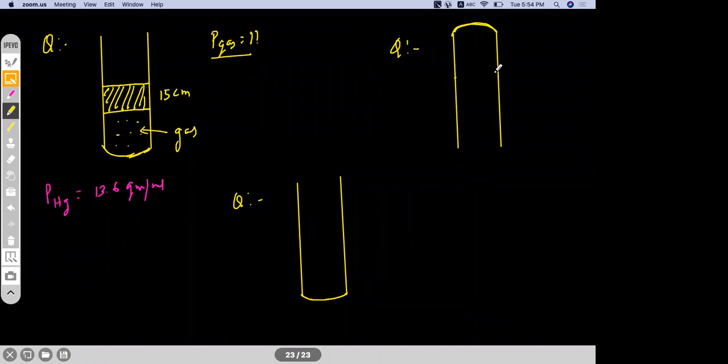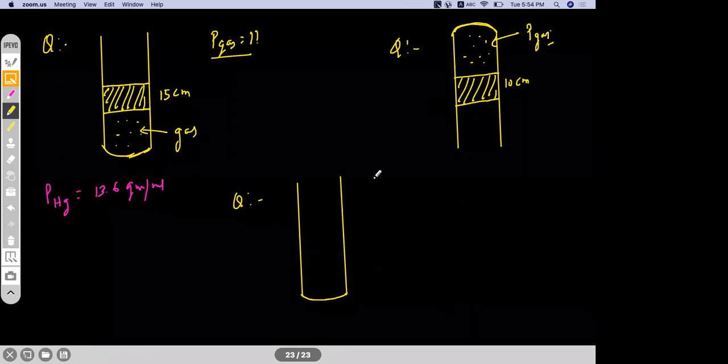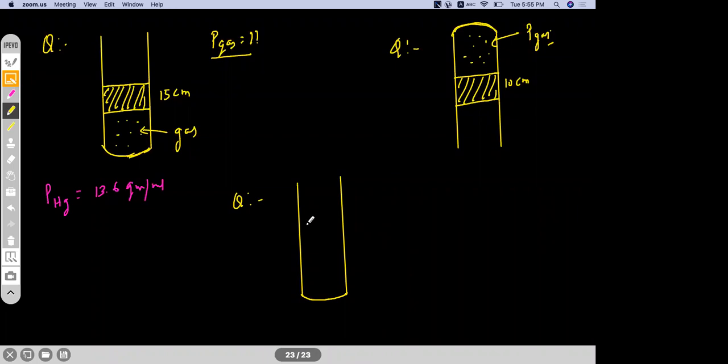In this we have 10 centimeter of mercury, and here some gases are trapped. You need to again find out the pressure of gas here. Okay. Here also we have some liquid trapped.